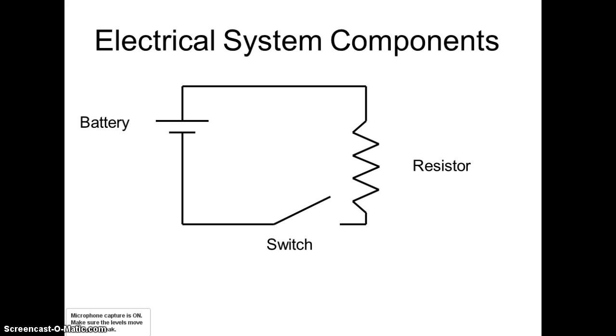This is what a schematic diagram would look like. You have your battery, positive, negative, your resistor, and your switch. And remember, current always goes from positive to negative, only if the switch is closed. You have to have a closed circuit for there to be a flow of electricity.